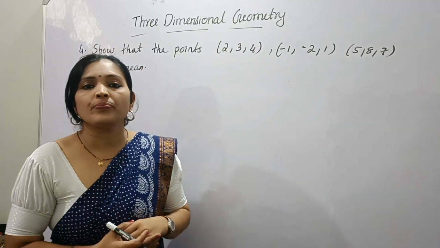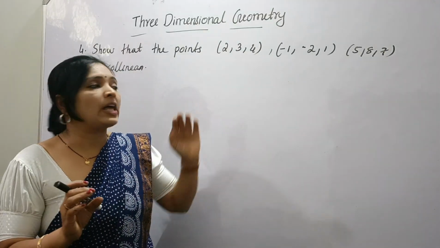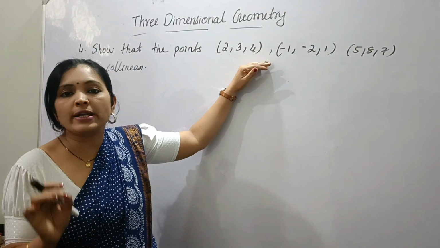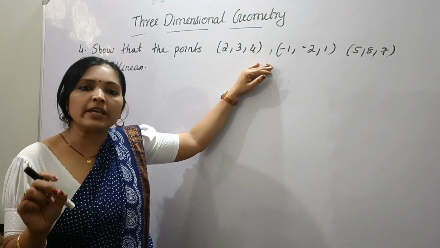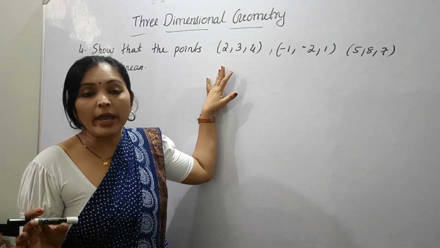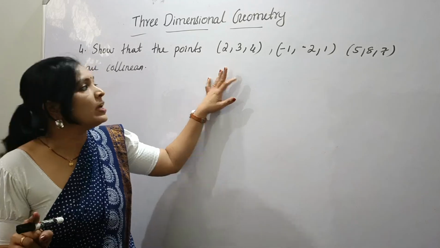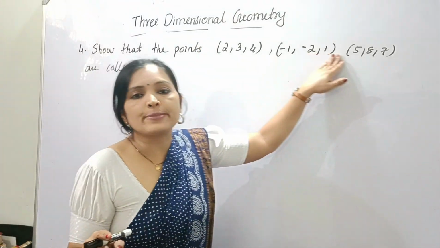So how to show this one? See here, if the direction ratios of the lines joining these points are proportional, then we can say the lines joining these points are parallel. So here we need to find direction ratios of the lines joining these points.